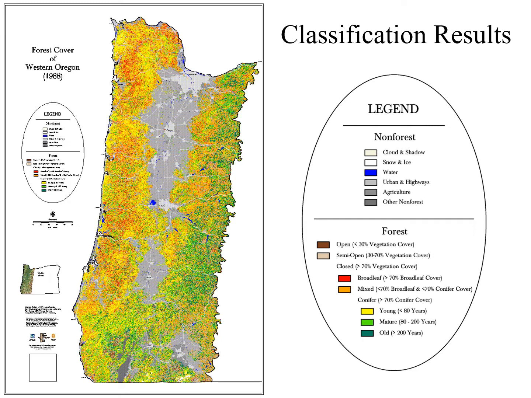It consists of a number of miscellaneous classes: cloud and shadow, snow and ice, water, urban areas and highways, agriculture, and other non-forest areas. These are all gotten through a variety of methods, mostly relying on GIS and a few simple rules. What we're interested in here is the forest.